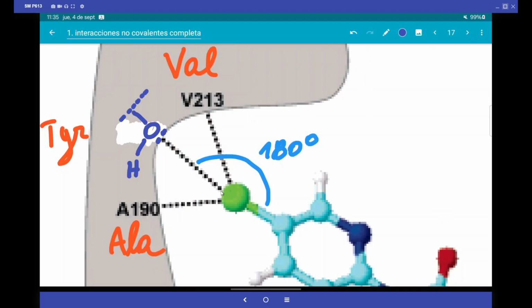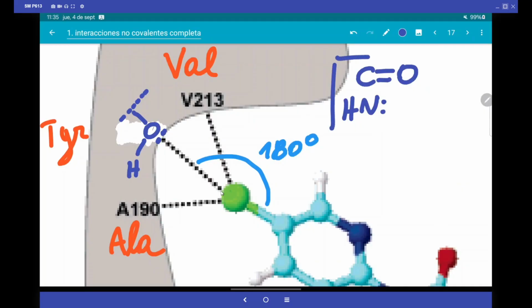But it has been seen that halogens have a greater degree of penetration in the protein. It is very common that the halogen bridge occurs with the carbonyl, or the NH, of the protein.